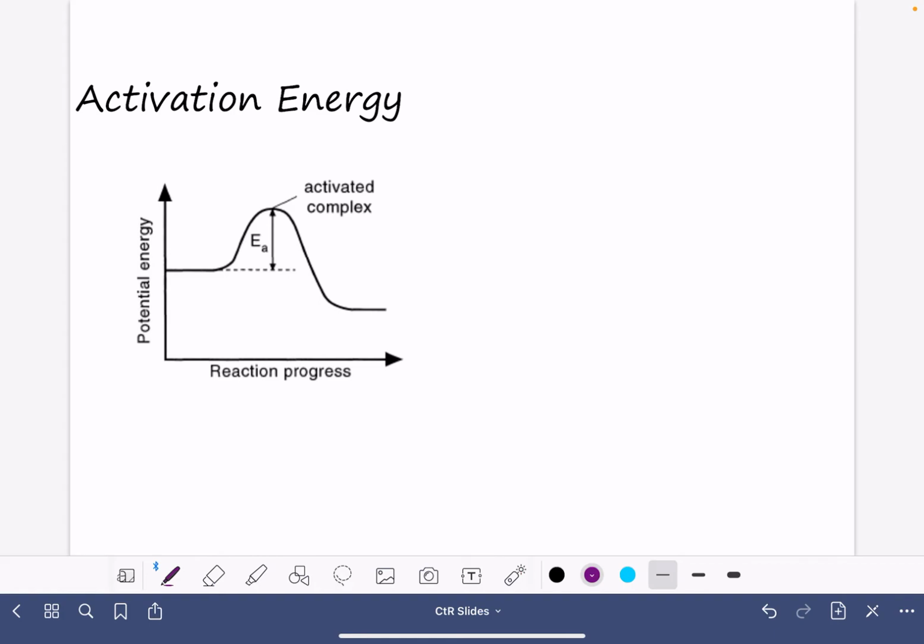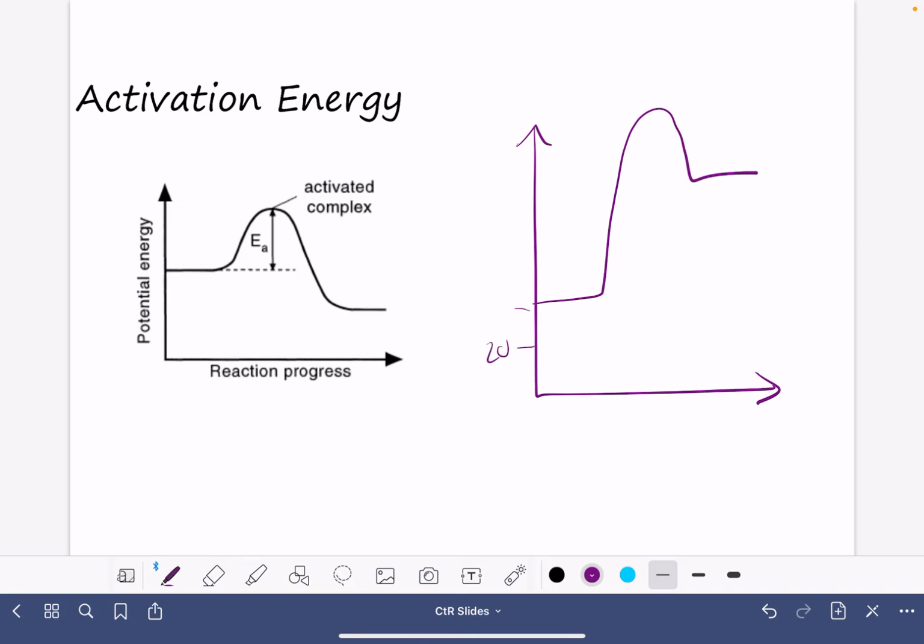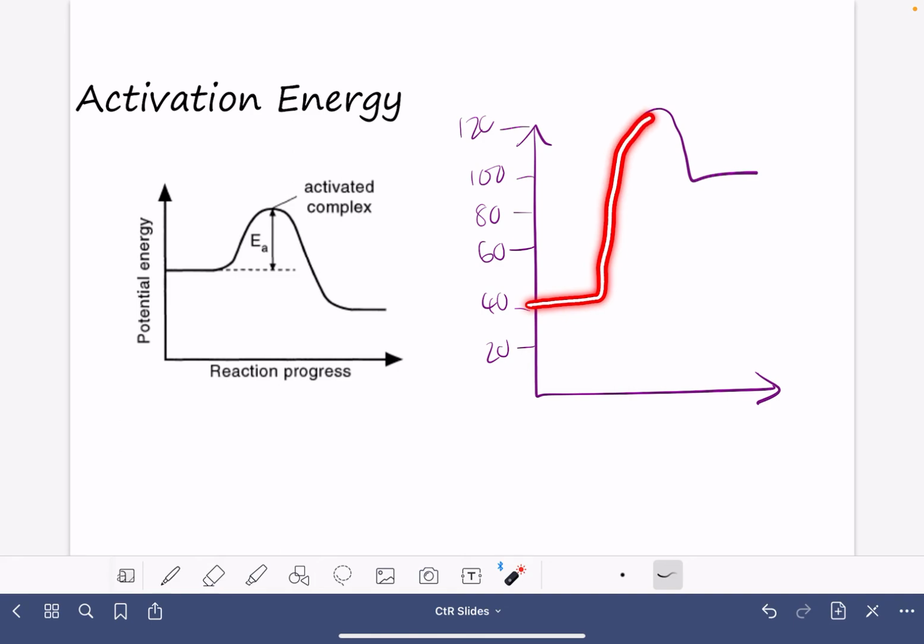Okay, let's just sketch this out to show some numerical values then. So that one there is an exothermic reaction. So I'm just going to do an endothermic reaction. And let's say we've got 20, 40, 60, 80, 100, and 120. So the reactants start off at 40, they have to go up to 120, and then they come back down to 100 to form their products.